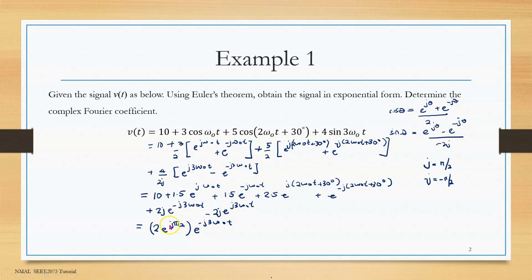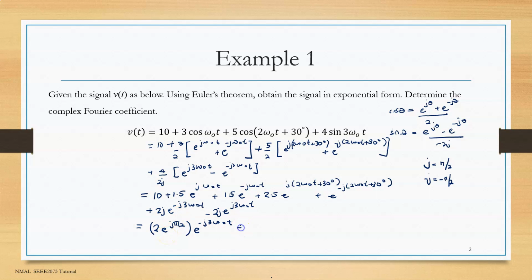This e^(j pi over 2) refers to this. Recall the equation here, j is equal to pi over 2. So j here is actually e^(j pi over 2). So from here it becomes like this.